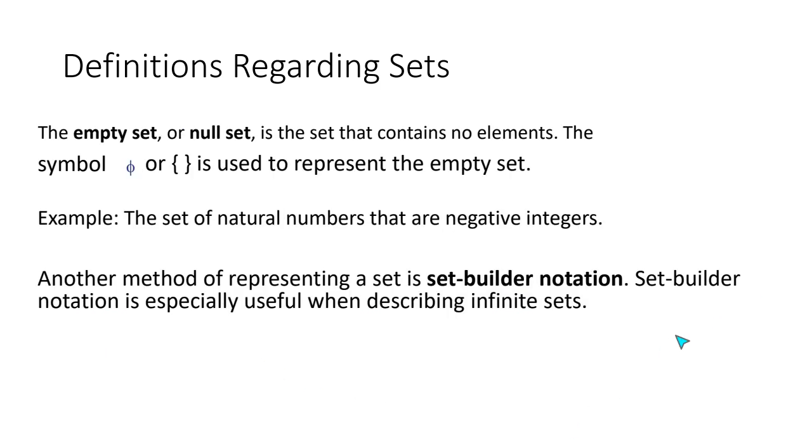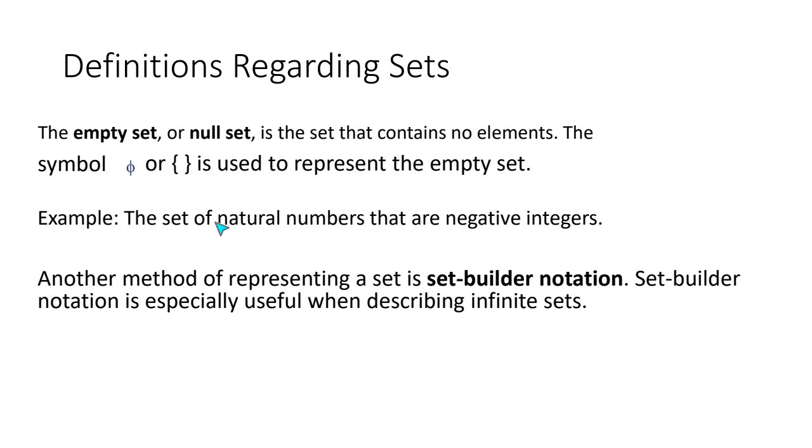All right, there are some more definitions. Another definition is the empty set, or we call it the null set. The symbol is a circle with a line through it, or braces with nothing in them.